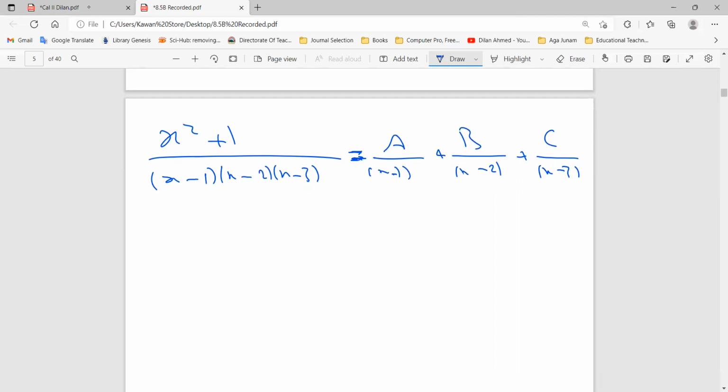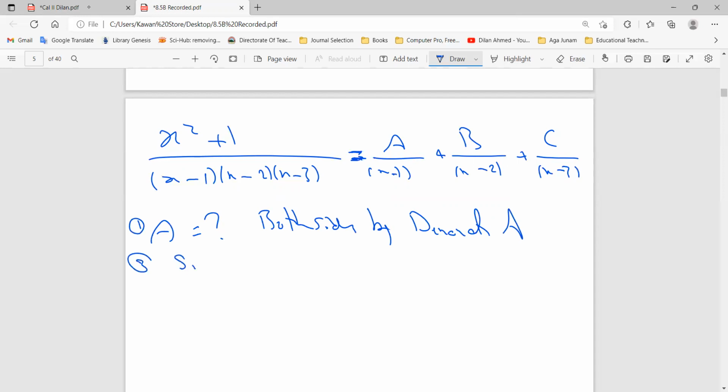He said that if you want to find the value of A, first multiply both sides by the denominator of A. Second, substitute the value of the denominator. What do you mean? It's two steps, it's easy.